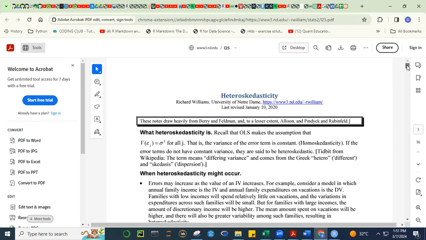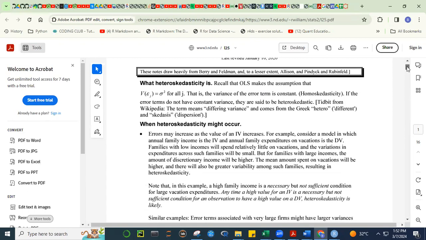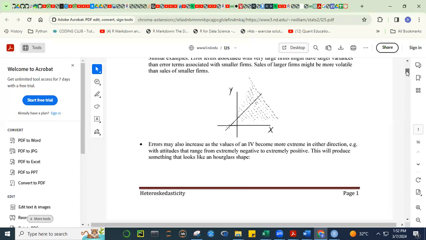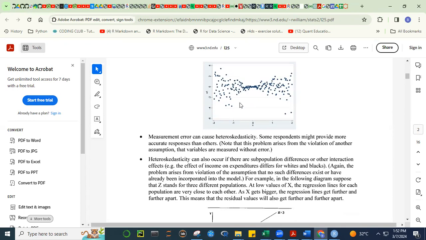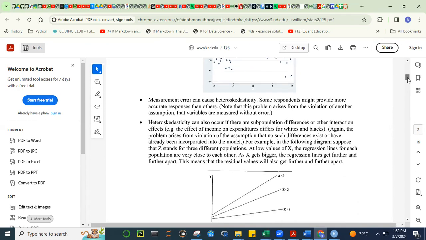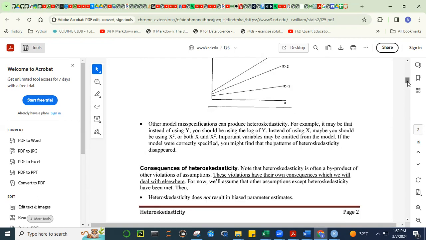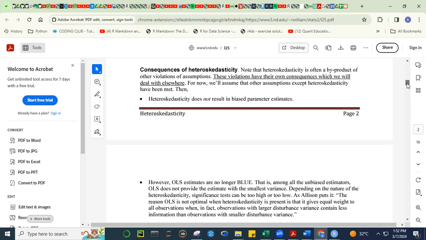Sinummarize dito. So it explains what heteroscedasticity is. Okay, so this is an example of your residuals not being constant. Ito din, hindi constant yung residuals. So ano yung consequences, class? This is a very important point, class.